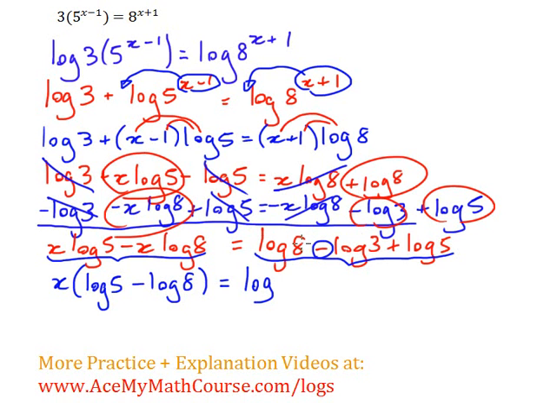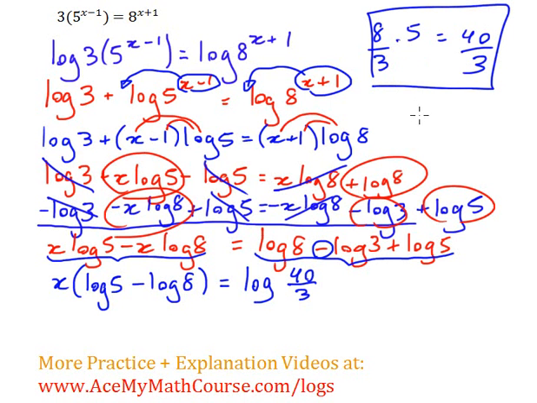Then plus log 5, so I can multiply the 5 by 8 over 3 and we get 40 over 3. Does that make sense? Because log 8 minus log 3 plus log 5, we're just multiplying 8 times 5, 40 over 3. Hopefully that makes good sense to everyone.